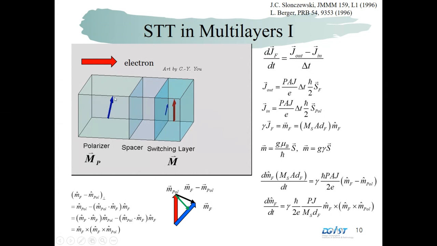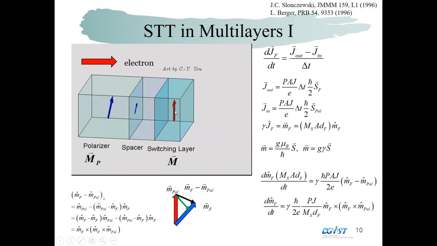And this ferromagnetic layer, somehow we fixed it, as in the spin valve system. So let's call this a fixed ferromagnetic layer or polarizer. All the conduction electrons in this layer are spin polarized to the direction of magnetization. So this electron can pass through the spacer and then see the switching layer.